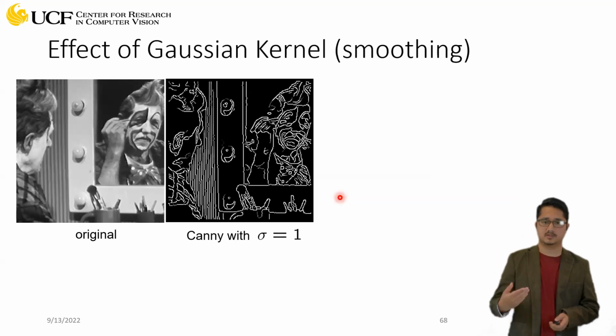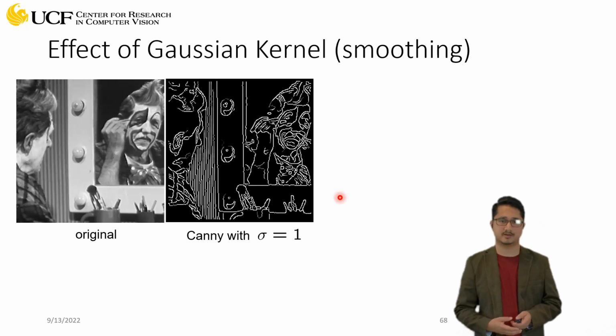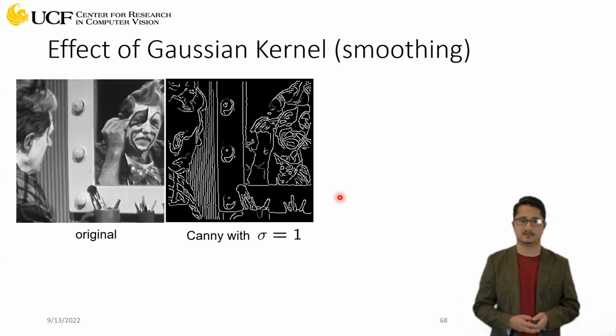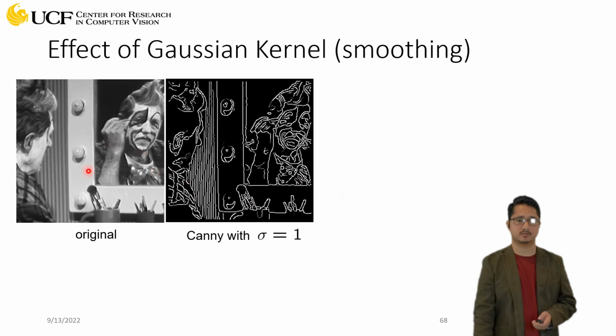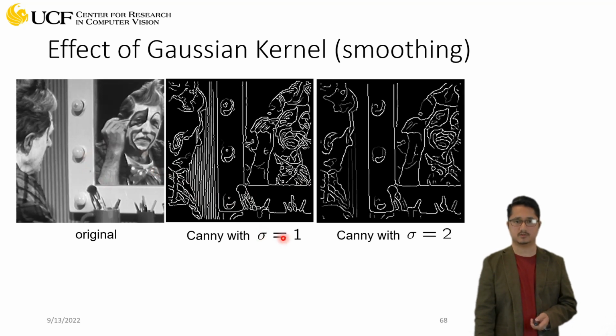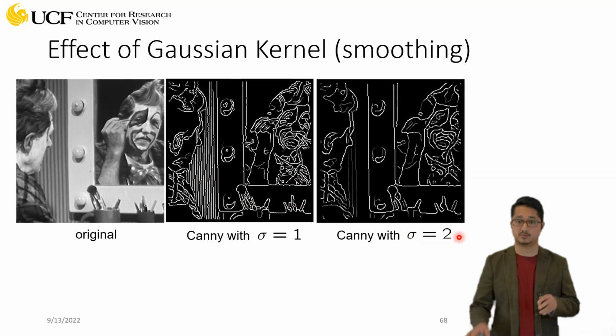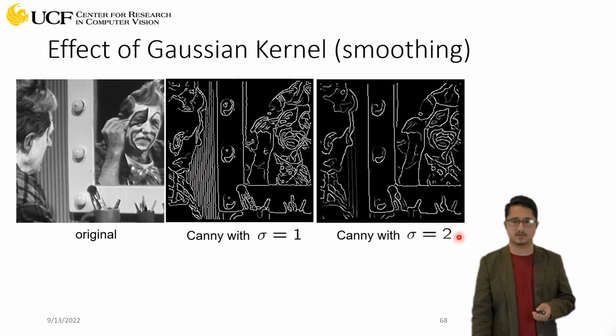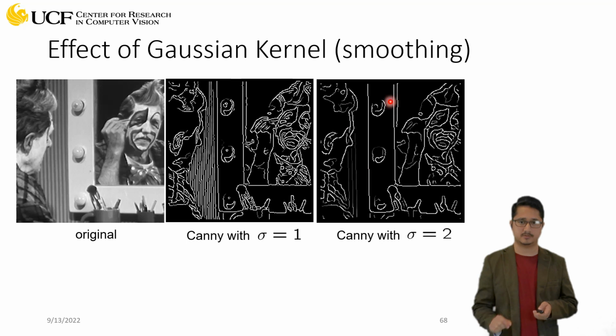Now, as we saw the effect of the Gaussian kernel on Marr-Hildreth, the same effect will be seen here. If this is an original image, and we use a standard deviation of 1, we'll get something like this. You can see we are still able to detect these fine level edges here. And if we increase the standard deviation, which means we are looking at a bigger neighborhood, these fine grained edges disappear, and we get a bigger, coarse level picture.